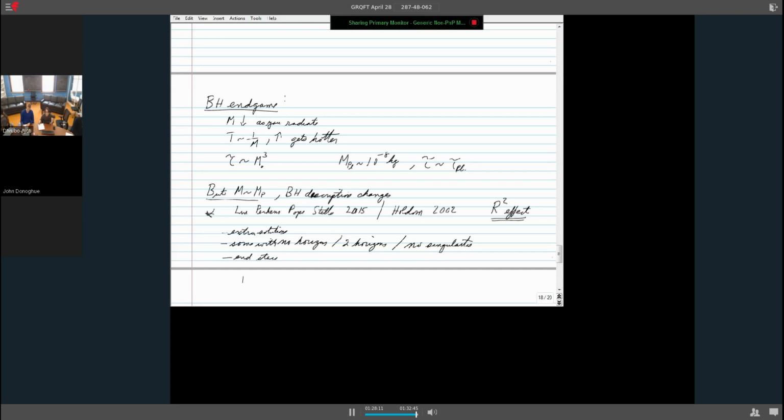But when m gets close to the Planck mass, the black hole description changes.